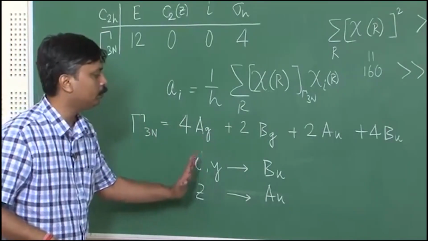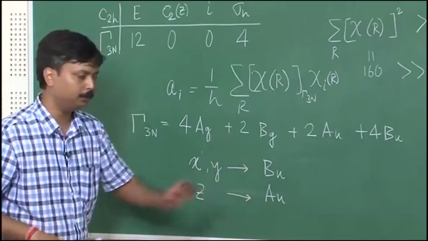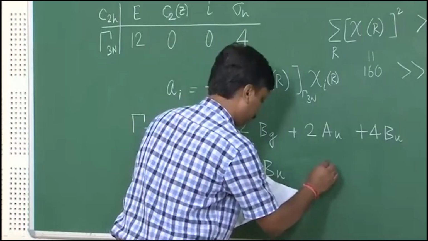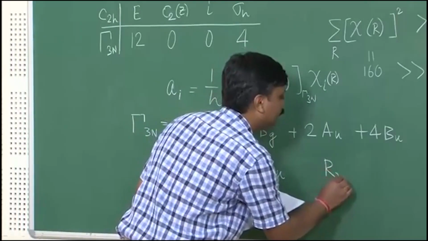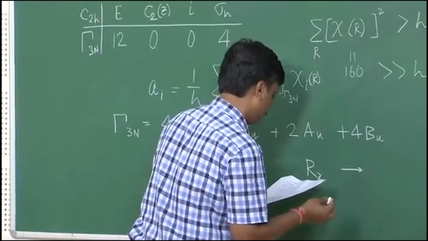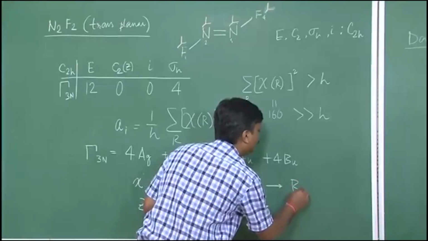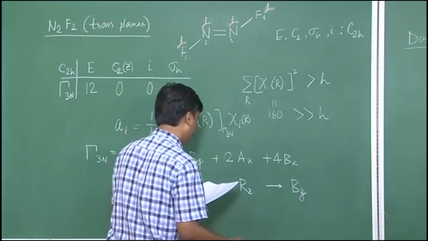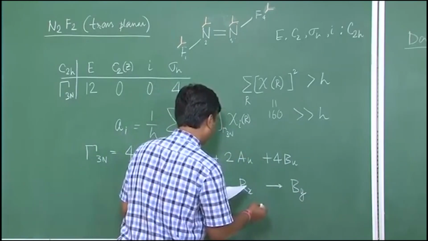So x also transforms as Bu, y also transforms as Bu, and z transforms as Au, while Rx transforms as Bg irreducible representation, Ry also transforms as Bg.